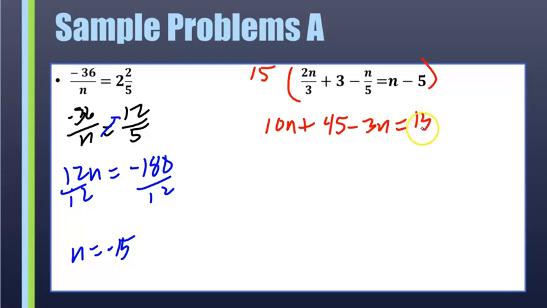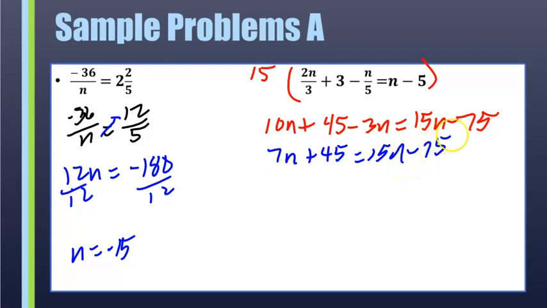Equaling 15n minus 75. So I just multiply 15 times n and 15 times 5. Now we can combine like terms. So now I have 7n plus 45 equaling 15n minus 75. So I'm going to subtract 7n on both sides and add 75 to both sides.